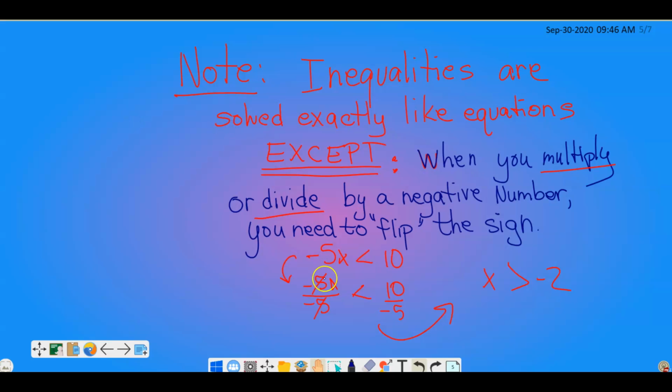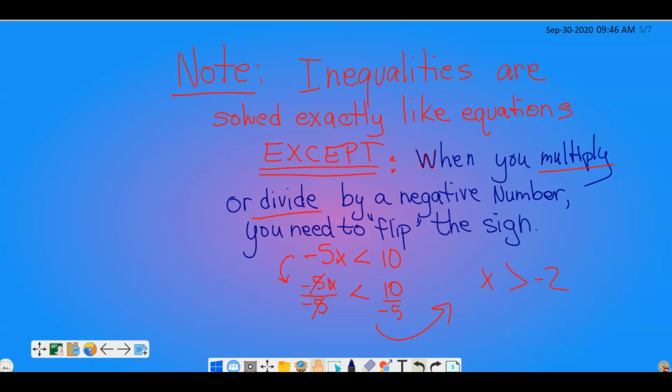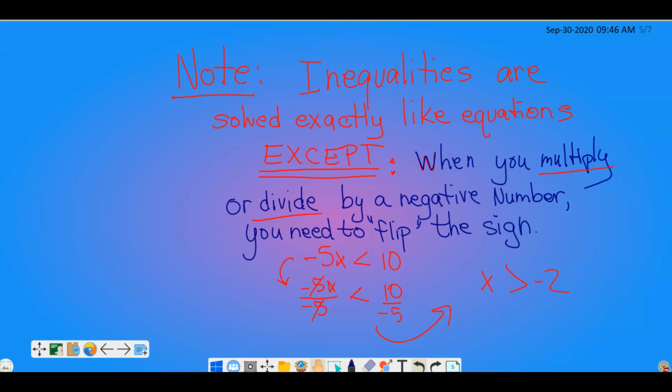We divided by negative 5, and we had a less than, and now it becomes a greater than. Okay? We flipped it. This only works when you multiply or divide. When you add or subtract, you leave everything the same.